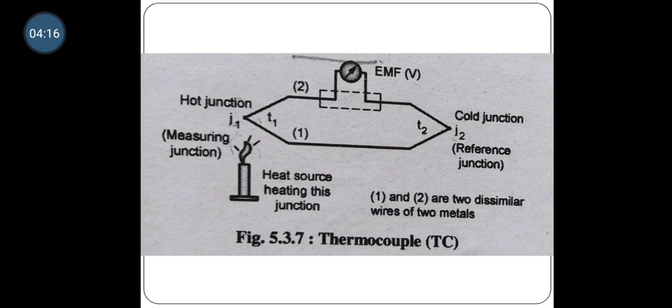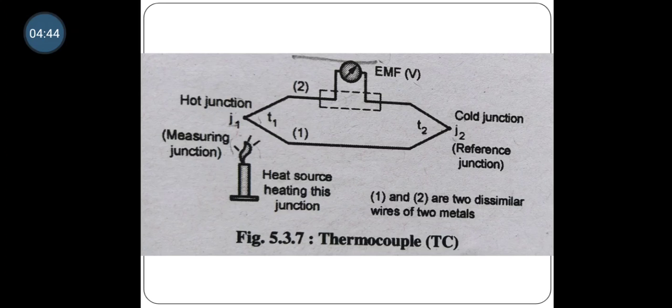There are some laws of thermocouples, different effects on which the thermocouple is based. The first one is the Seebeck effect, then the Thomson effect, the Peltier effect, the law of intermediate metals, and the law of intermediate temperatures. In this chapter, we study the Seebeck effect and Peltier effect, slightly briefly.